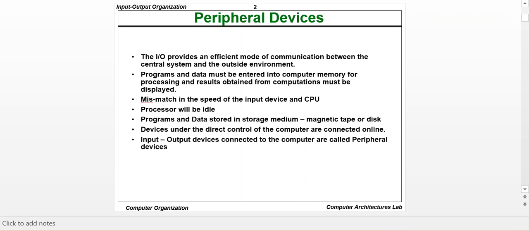Programs and data, as I told you earlier, are stored in a storage medium. Now magnetic tape and magnetic disk are also considered input output devices.